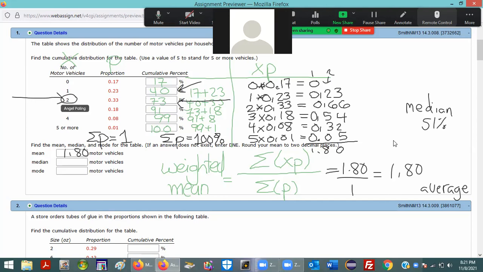So it's an x equals 2. That's the median. And the mode is your most frequent, right? 33% or twos. And so your mode is also a 2.